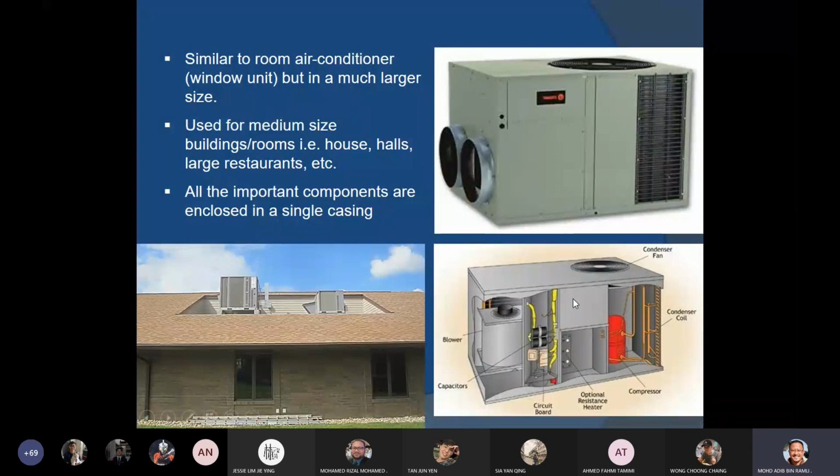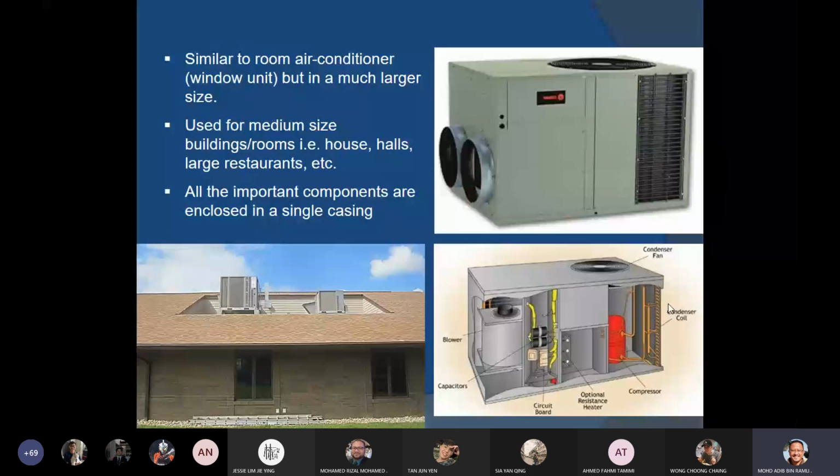So if you look at this cross section of the package unit, you can see all the components. The blower. The blower is basically the fan. The one on the left is basically the part that produces the cooling effect, and the one on the right is basically the part that releases the heat to the atmosphere.